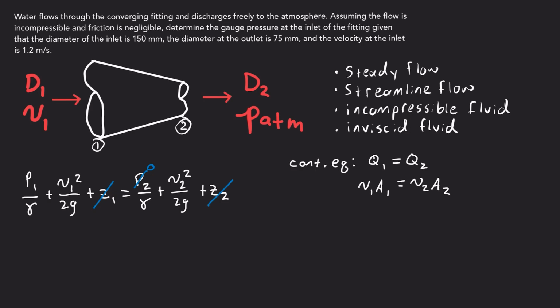And in this equation, we know everything except for V2, so we can solve for V2. Areas are equal to pi by 4 d squared. Now the pi by 4 will cancel.